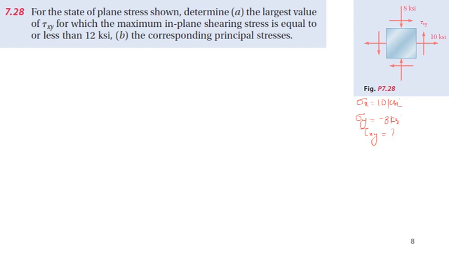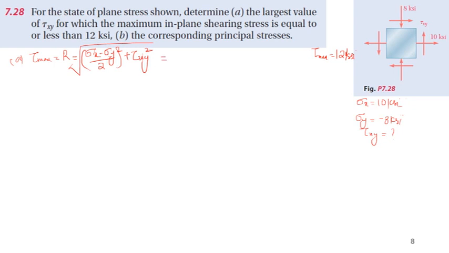Okay, and we also have given that the maximum allowable in-plane shearing stress, tau max, is 12 ksi. Now we know that tau max is equal to the radius of that Mohr circle that we discussed, and that is equal to the square root of ((sigma x minus sigma y) divided by 2) whole squared plus tau xy squared. So tau xy is unknown and we have to find that one.